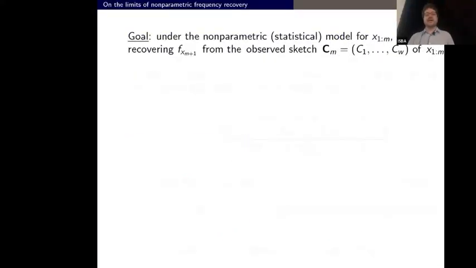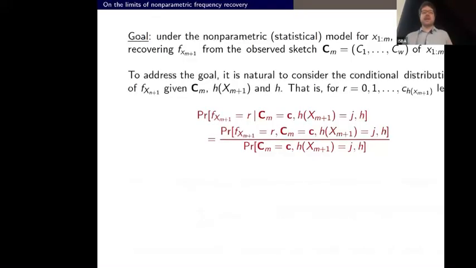Okay, so what is the goal? The goal is: can we recover my frequency under this modeling assumption? Now that I have a model, I can compute some probabilities. For instance, we can compute the conditional probability that f is equal to r, given the sketch and also given this information, which is something that I observe: the information about where X_{m+1} is hashed.